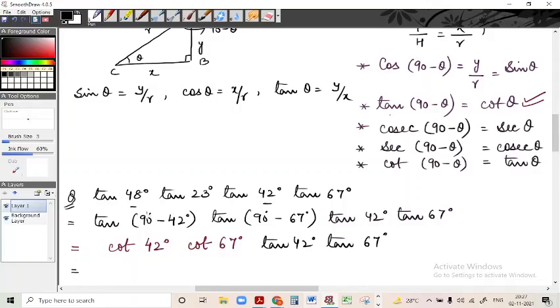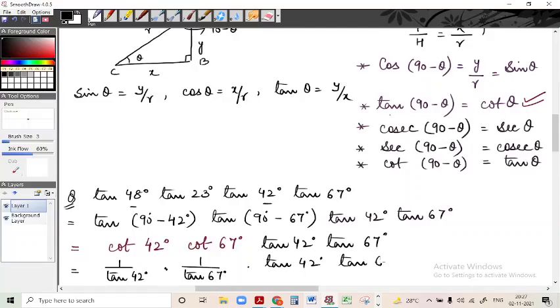Now tan and cot are reciprocals of each other. First day we had discussed. So this will become equal to 1 by tan 42 into 1 by tan 67 into tan 42 into tan 67.